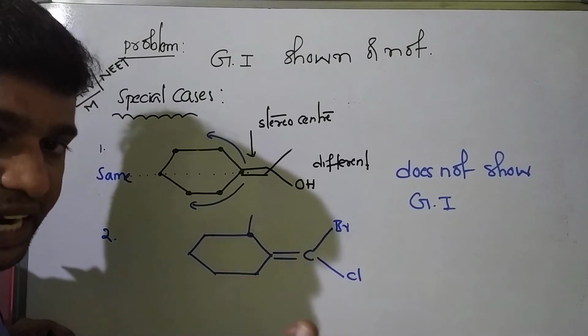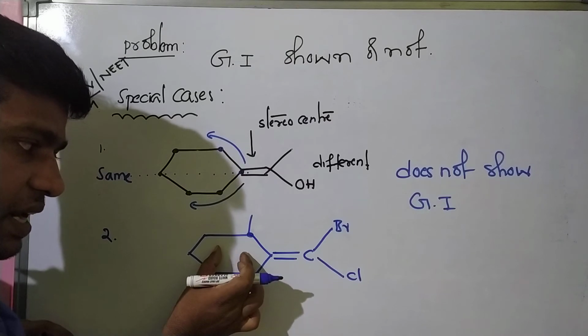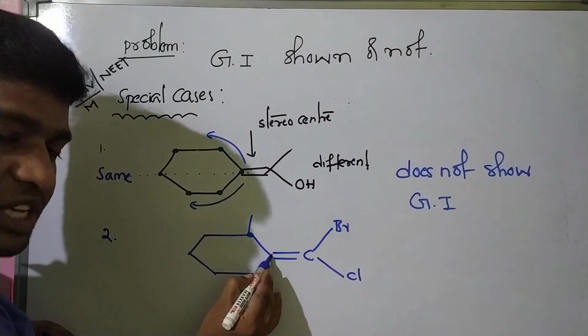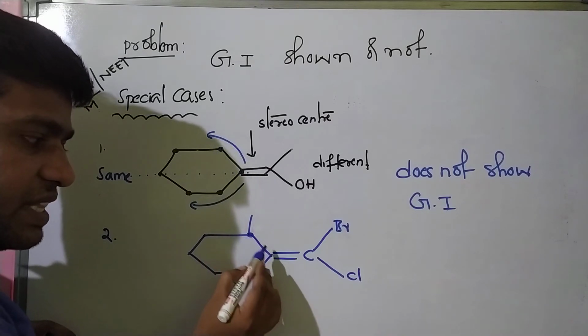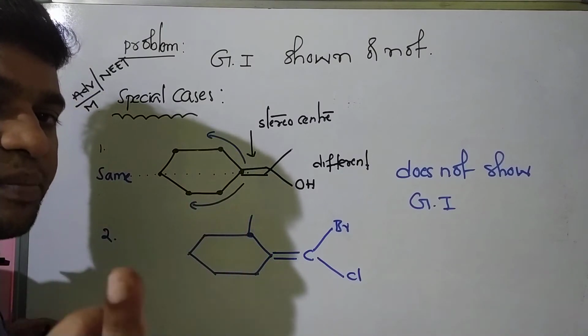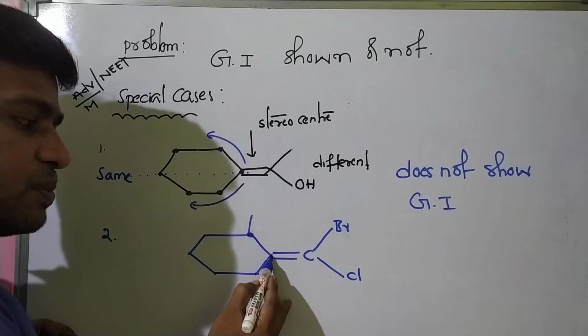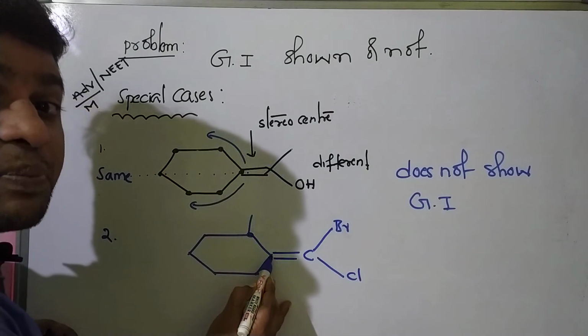If we listen clearly to what I am saying, if we consider cyclohexane, the two carbons having substituents, but this is sp3, this is sp2. So what is the main condition for exhibiting geometrical isomerism in cyclohexane? The two carbons bearing substituents must be sp3.